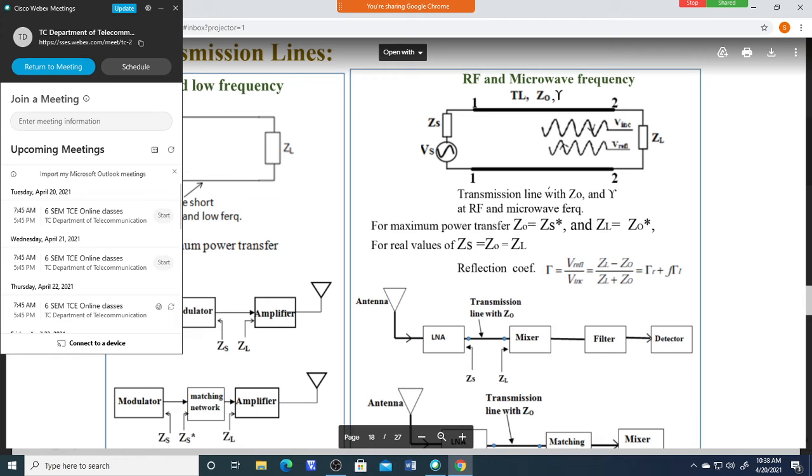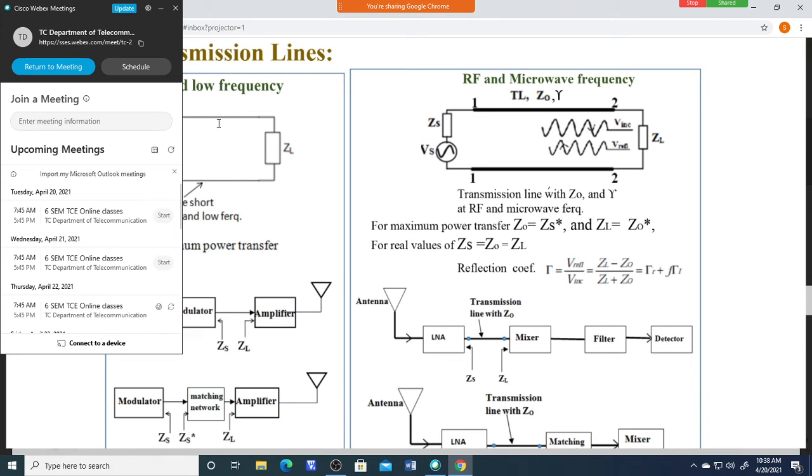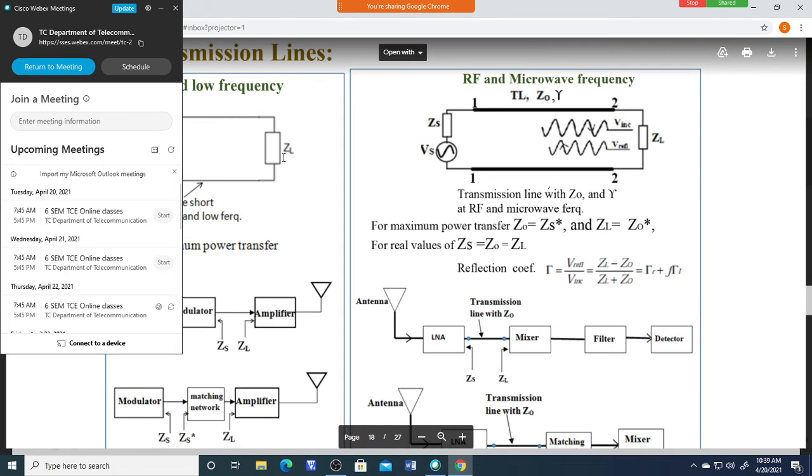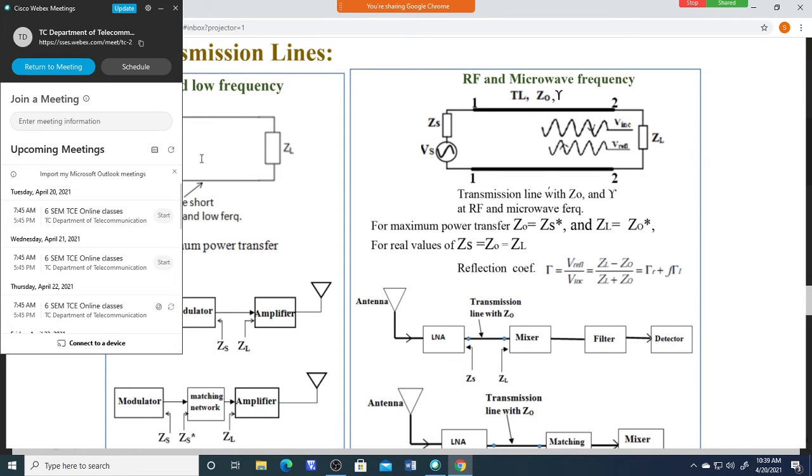Take, for example, a resistance Rs and a resistance RL. The current is given by Vs divided by Rs plus RL, assuming this is a resistance Rs and this is RL. That is Ohm's law we are applying to find the current.